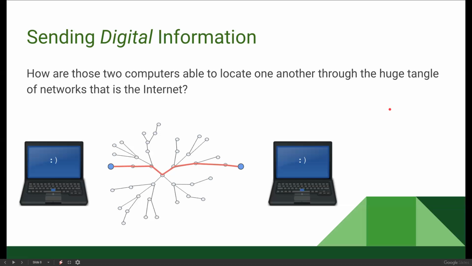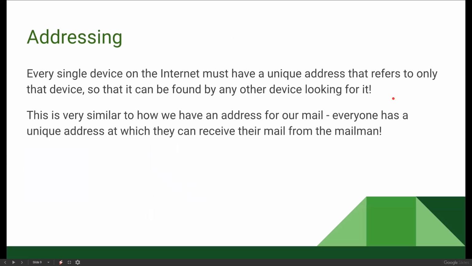Now, this class, we're going to talk about how those two computers are actually able to locate each other through this huge tangle of networks that is the internet. Every single device that is connected to the internet needs to have a unique address that refers to only that device, so that anytime another device is looking to find it, they're able to connect to each other.